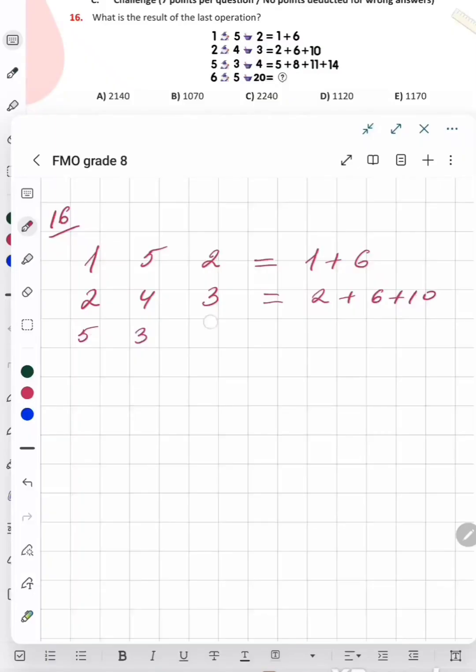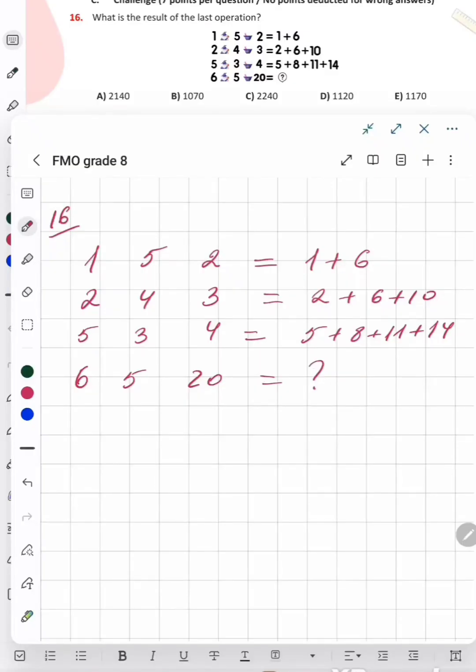And 5, 3, 4 works out to 5 plus 8 plus 11 plus 14. And 6, 5 and 20 combined with some operations make the number we are looking for.